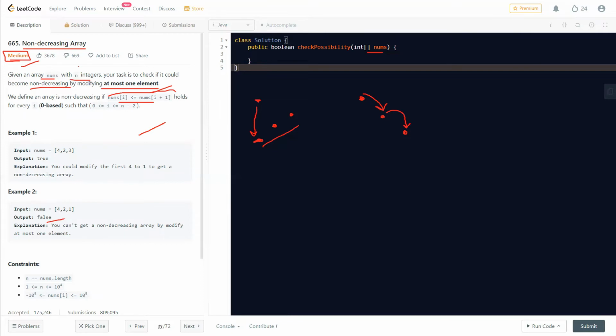Let's try to understand some more examples in depth and see what conditions we need to look into. So let me draw a graph over here so I can help you understand better.